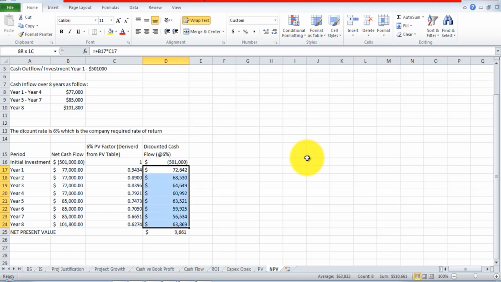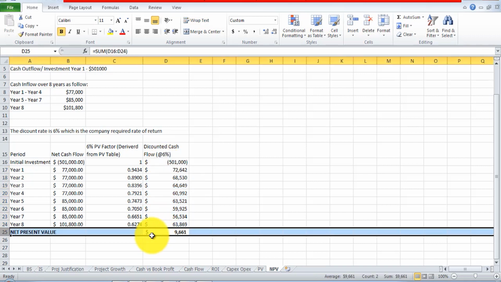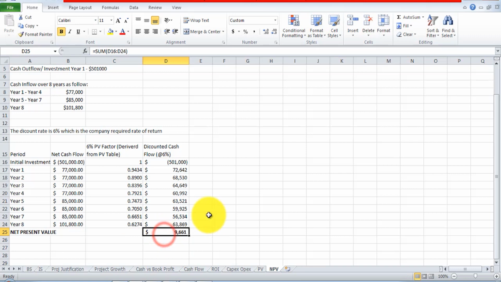This is the amount of the projected future cash inflow, that is $510,661, against an investment of $501,000. So here you have a positive net present value of $9,661. Therefore, the project should be accepted.